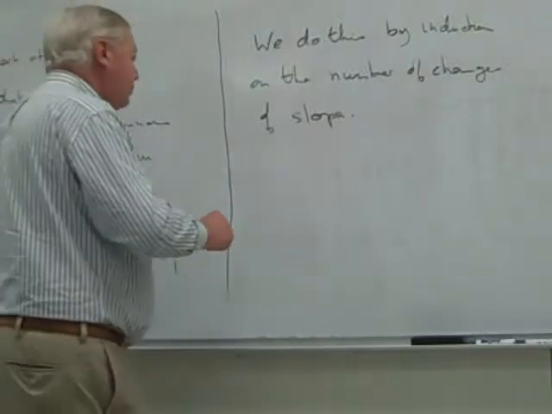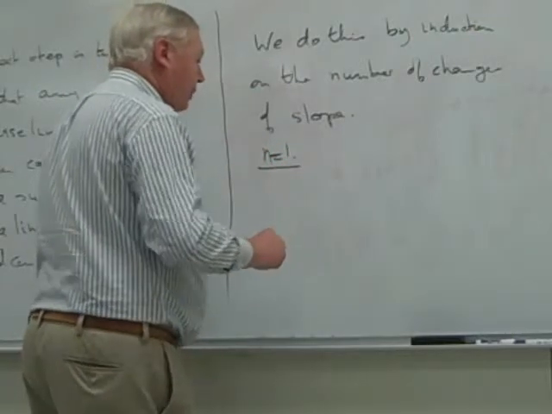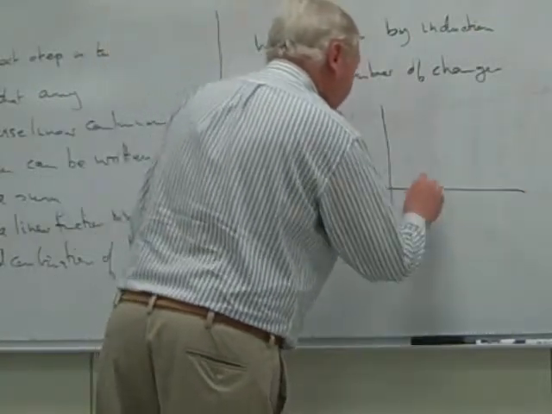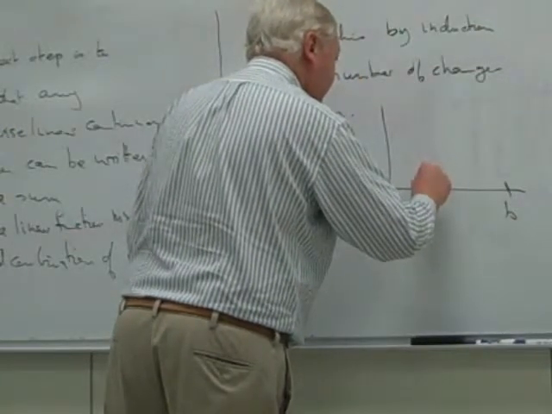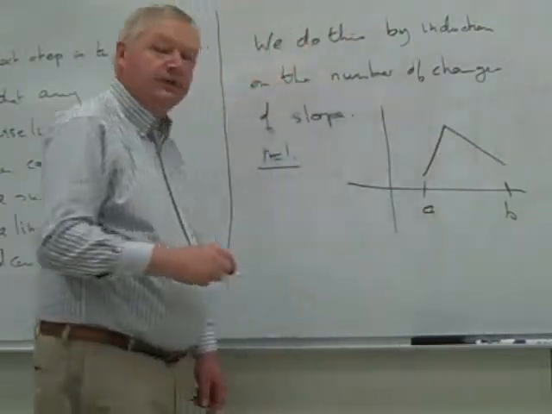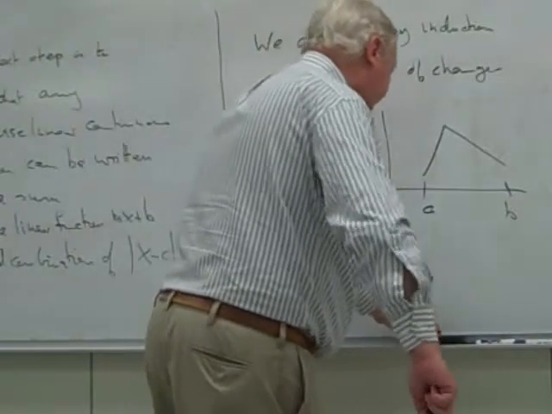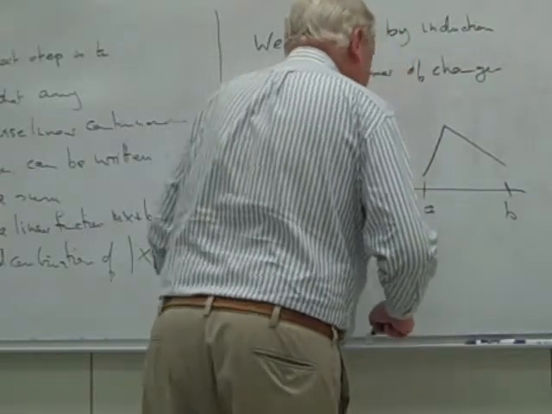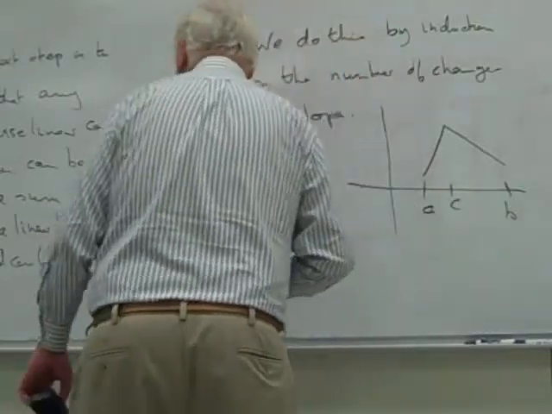So let's look at the case n equals 1. We have one change in slope, and so our piecewise linear function looks like this. So there are only two slopes for the lines in the picture. One changeover point. So how can we do this? Let us say that it changes at a point c.